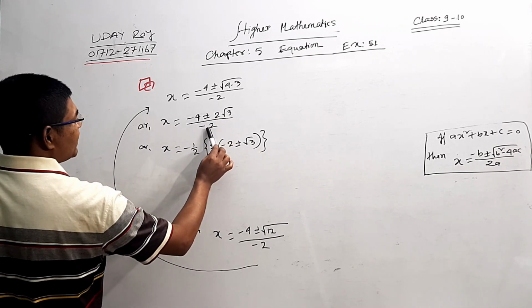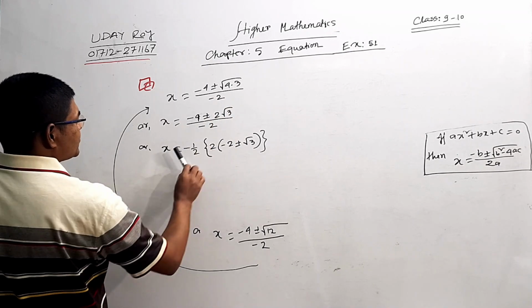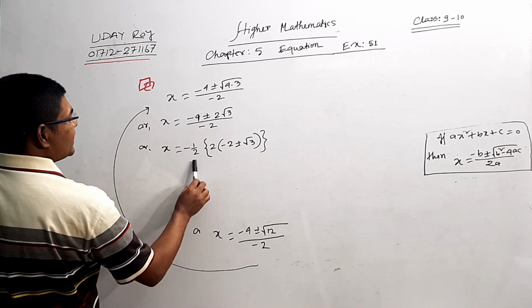This is the numerator and this is the denominator, so we can write minus 1/2, then minus 4 plus minus 2 root 3.